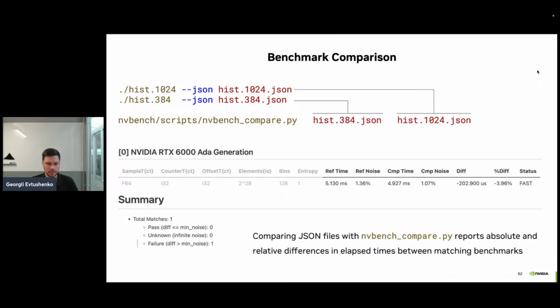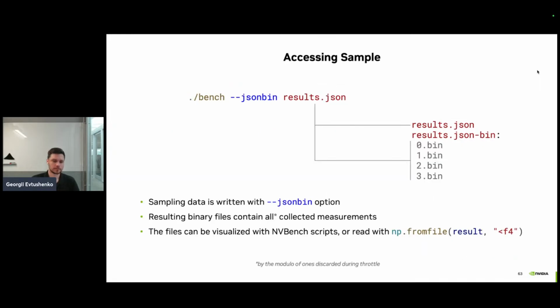And you can use the scripts as part of your CI as well. Besides that, you can use the JSON bin option to actually dump all the sampling data. The sampling data can be later visualized to show the actual distributions of elapsed times for your kernel runs.